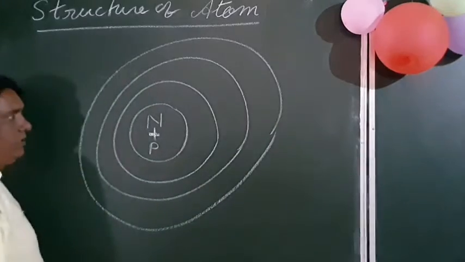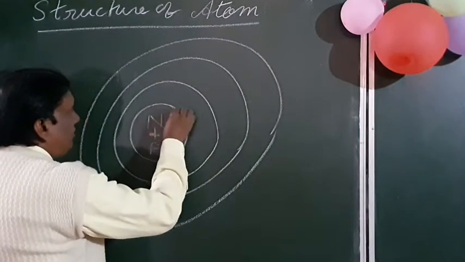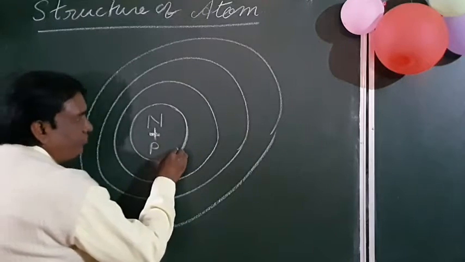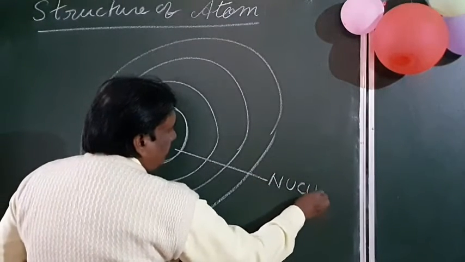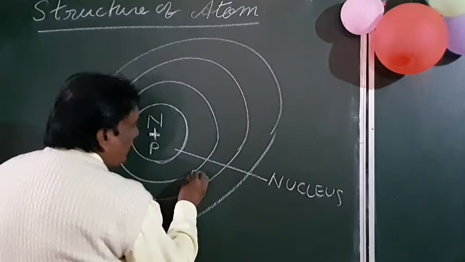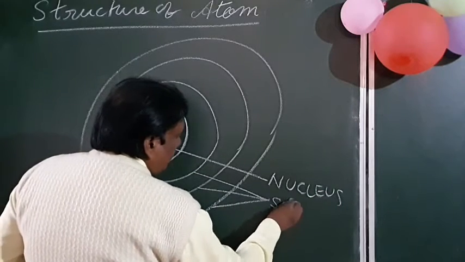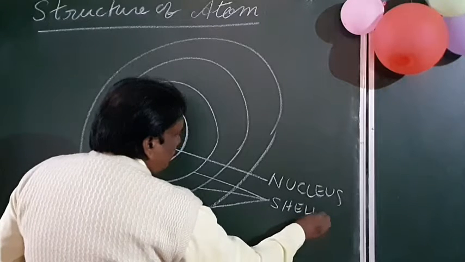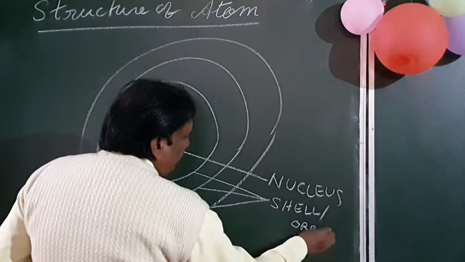Okay. First shell, second shell, and this one is called the nucleus. These are called shells or subshells. Shell or orbit, they are also called orbits.